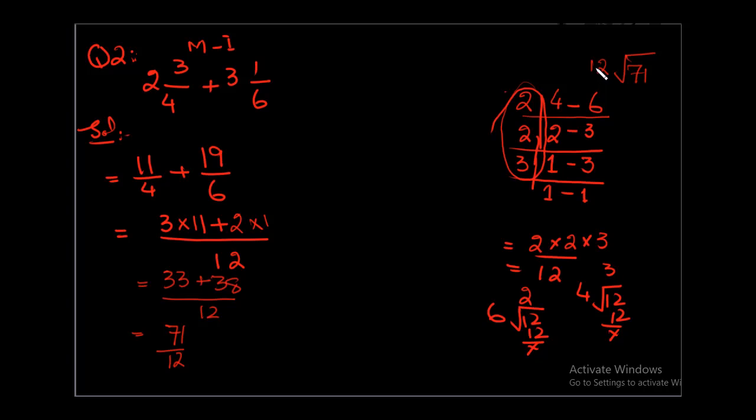Whenever we divide 71 by 12, we get 12 fives are 60, because 12 sixes give us 72. So this is the final answer, and then we follow the cycle. The answer will be 5 whole 11 by 12, which is method 1 of this question.